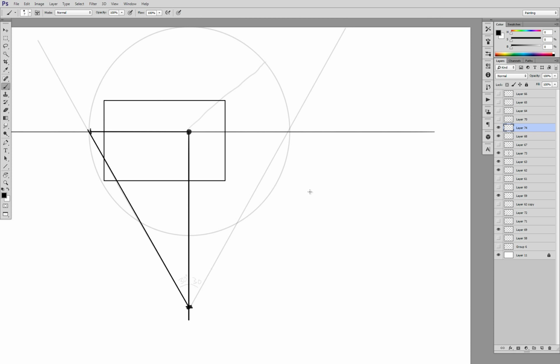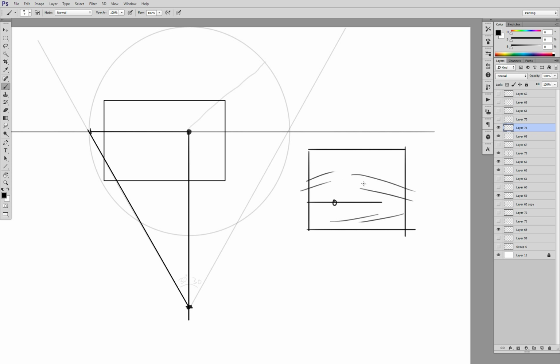So if you have an image like this, and we have, okay, horizon lines here, this is where the center of vision is, and perspective is somewhere off here, but I'm not exactly sure.